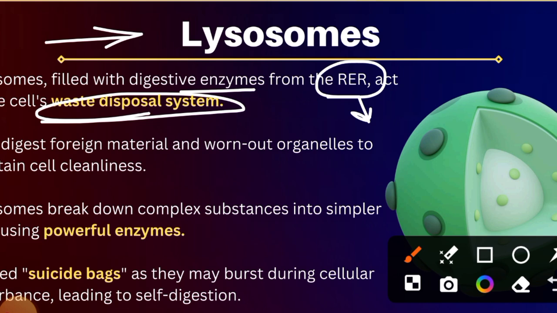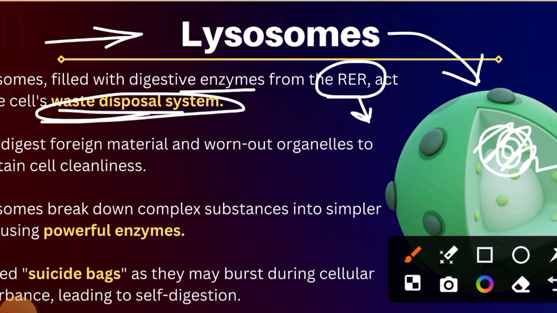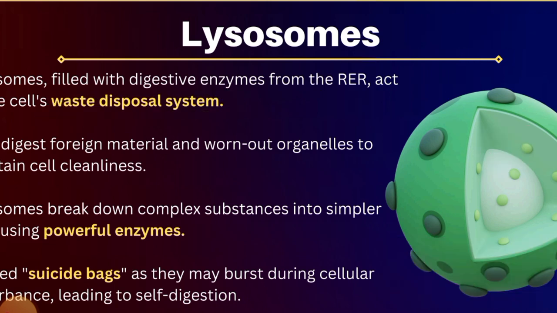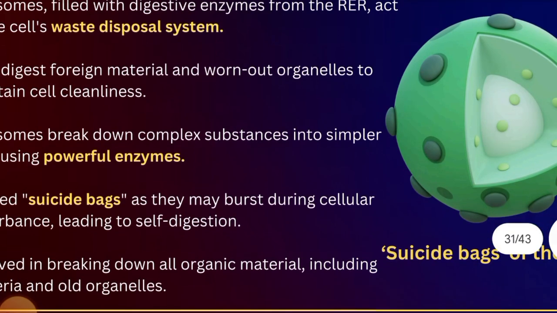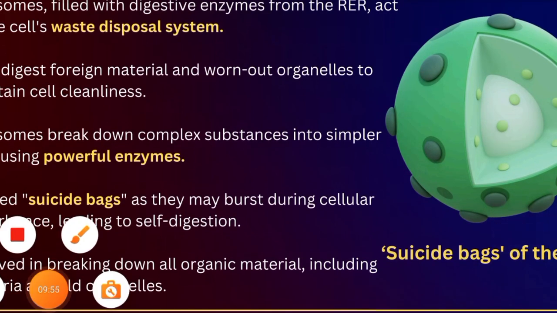Whatever waste is there inside the cell, the cell passes it to lysosome, and lysosome just destroys it. It fights against it, crumbles it and vanishes it. Therefore it is known as the waste disposal system of the cell. They digest foreign materials and worn out organelles to maintain cell cleanliness.